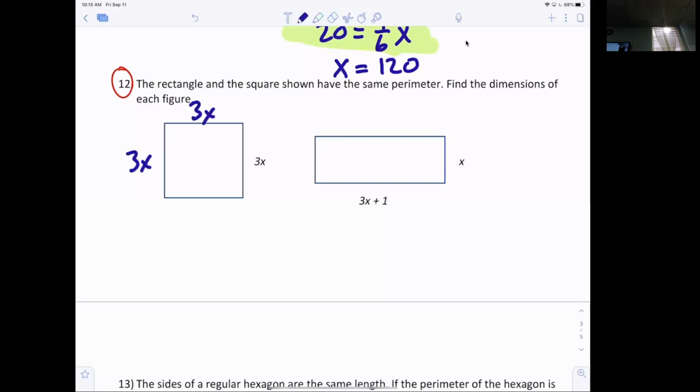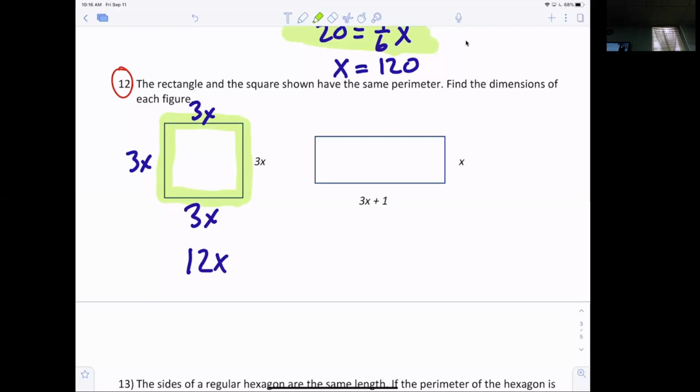This is 3x. This is 3x. All the way around is how many x's? Good. 12x. Very good. How did we get 12x? Cece? We went 3 plus 3 plus 3 plus 3. Thank you. That's 12x. Do you agree with that?